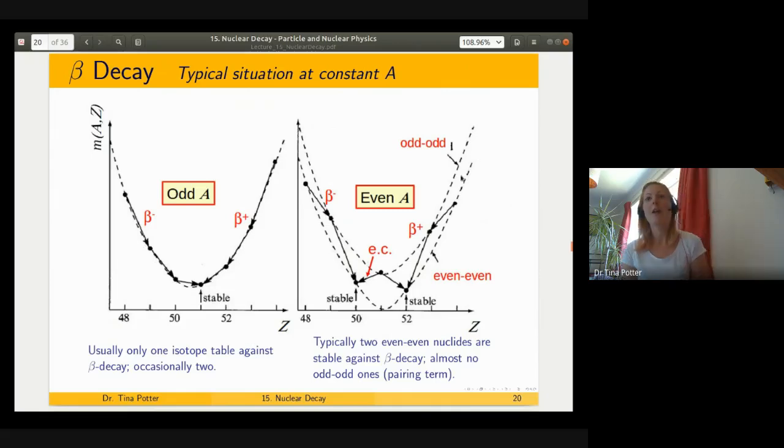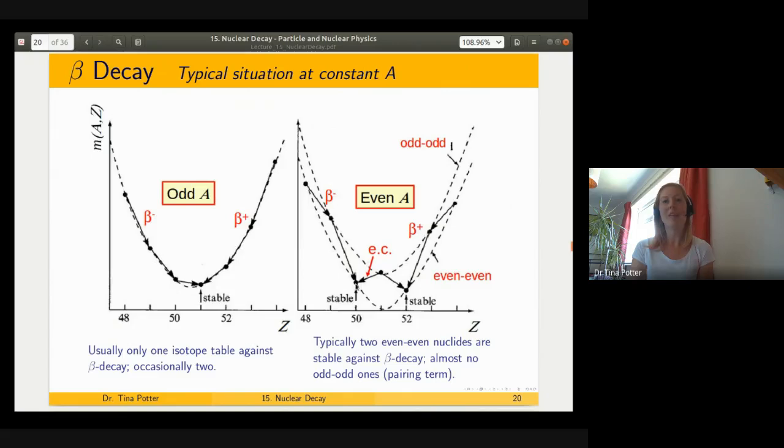So a heavy nucleus will start off maybe with too many protons and undergo beta plus decay and bounce between odd and even until it reaches the lowest it possibly can, or it'll undergo beta minus decay, increasing the number of protons until it reaches the most stable points.